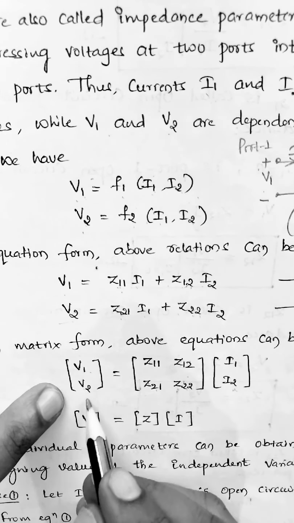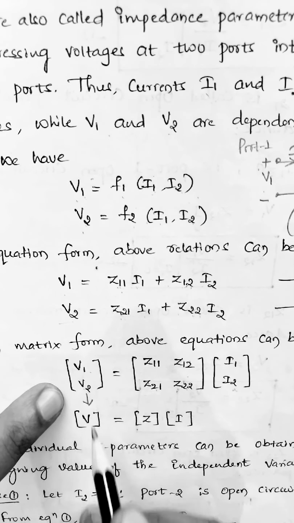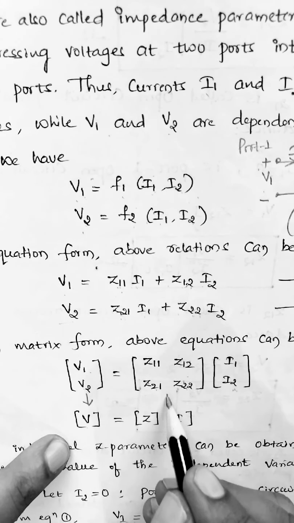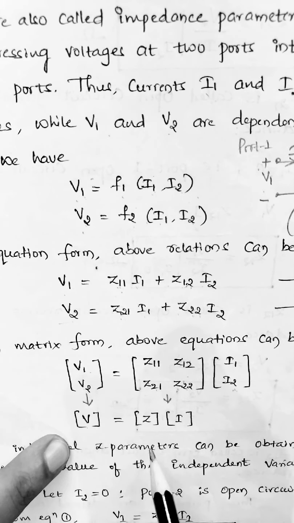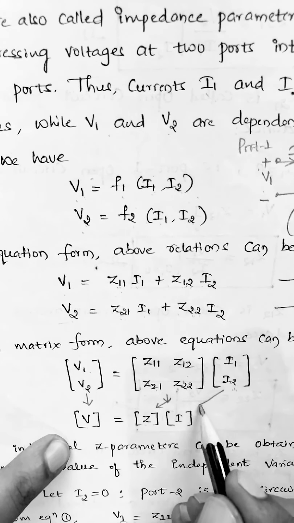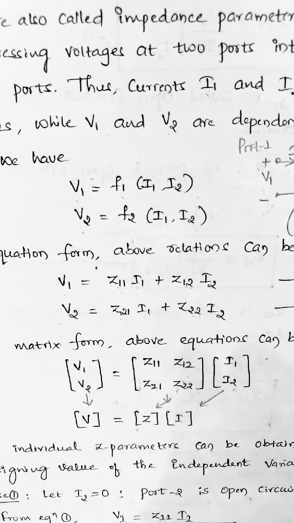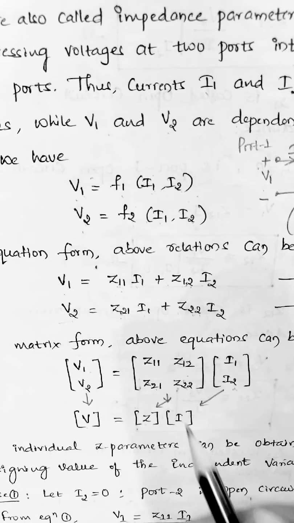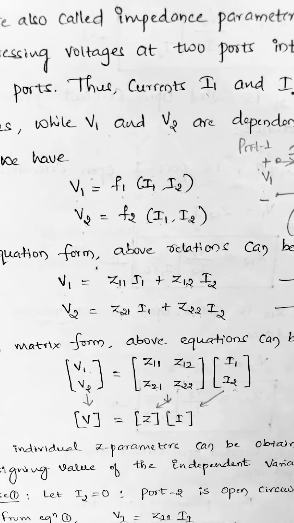In short, the voltage matrix is represented as V, the impedance matrix as Z, and the current matrix as I. So let us calculate these impedance parameters one by one.